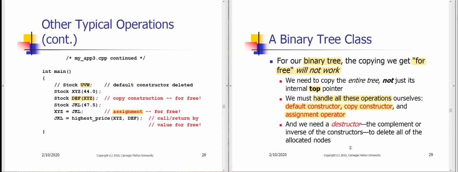Finally, as a way of making our binary tree very easy for application developers to use, we're going to define a destructor that knows how to properly deallocate all of the nodes in a tree and set its top pointer to 0 when we're done using that tree. That is, the destructor is like the inverse of the constructors, and it needs to undo all of the memory allocation that the constructors did.